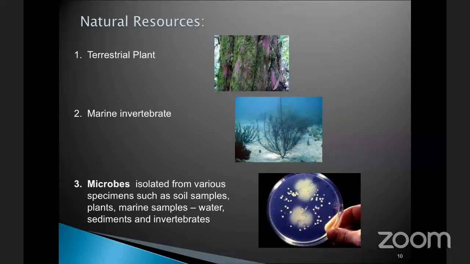Then microbes also need to be explored, from the soil as well as from the marine environment. Why microbes? Because I told you about the supply issue, one of the challenges associated with natural product research. Supply is very important because you need a sustainable method.